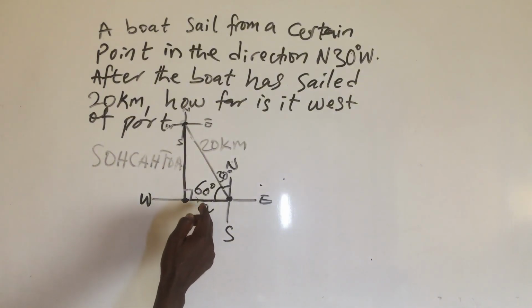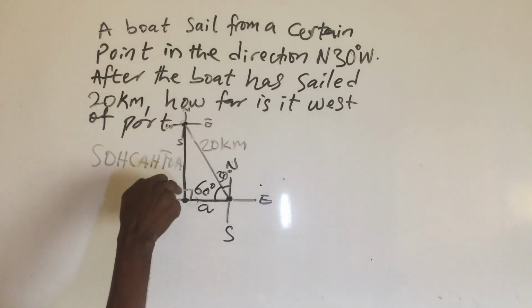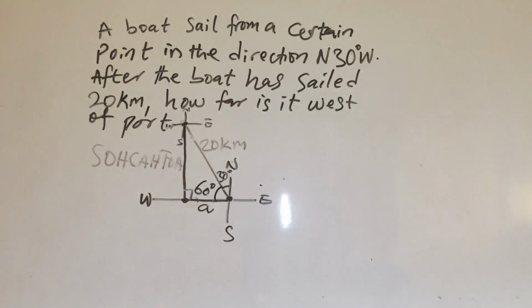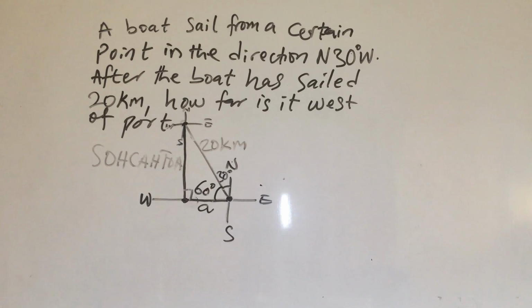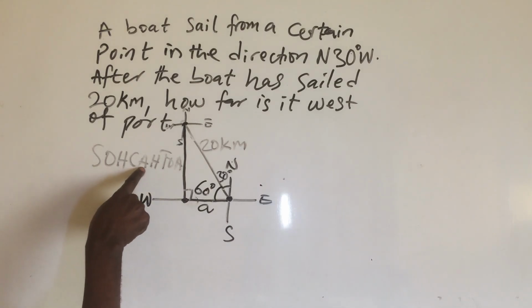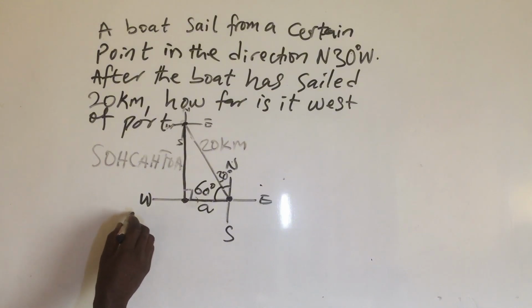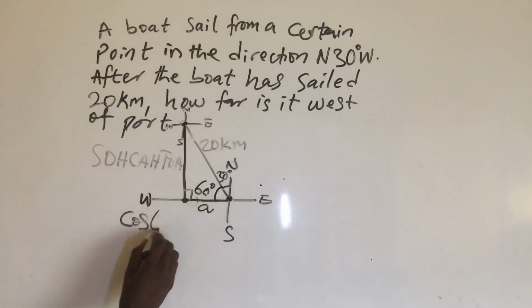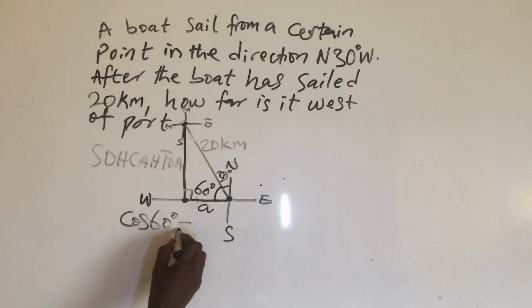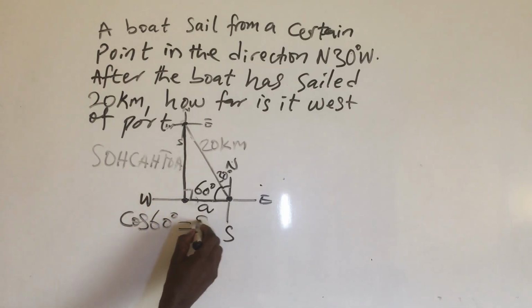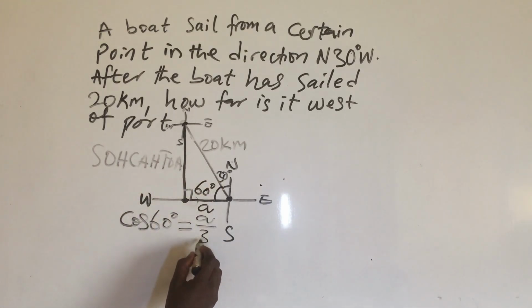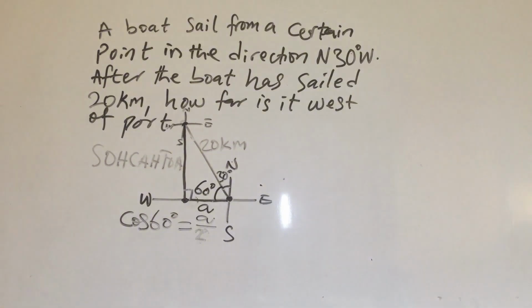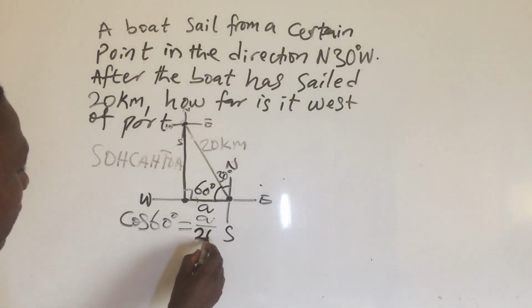Now, since we have the values here and here, we neglect the other and concentrate on the ones we have values for. Which one contains adjacent and hypotenuse? We can see that it is cos that contains adjacent and hypotenuse. So we say cos 60 degrees, which is the angle we are considering, equals adjacent, which is A, the one we are looking for, all over hypotenuse, which is 20 kilometers.